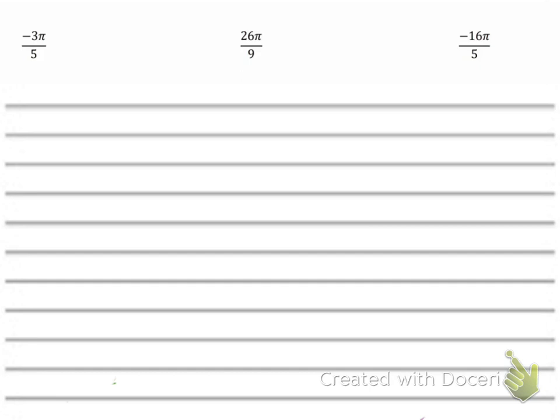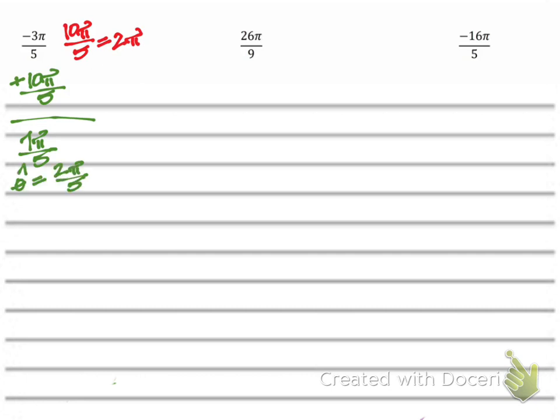When I have negative 3 pi over 5, again, it's negative, so I need to add a rotation, right? And so 10 pi over 5 is 2 pi, and I'm going to add it, and I'm going to get 7 pi over 5. Well, I know that 5 pi over 5 is pi, right? So the reference angle must be 2 pi over 5.